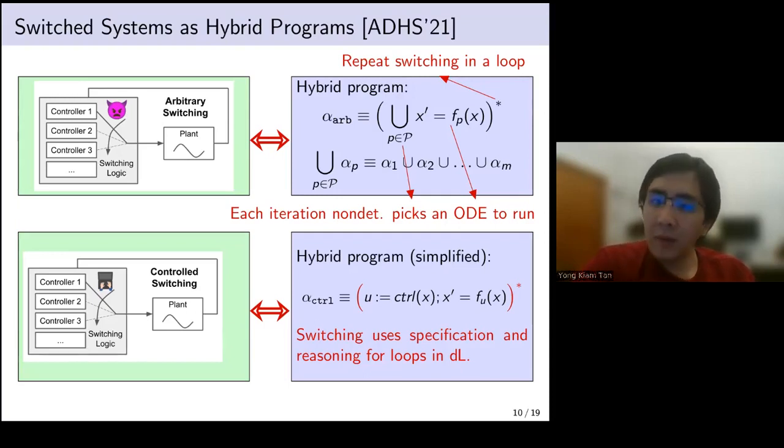Okay. The point of showing you these two models is that switched systems can be modeled using looping hybrid programs in dL. And what that means is if we want to state and prove properties about switched systems, we can accordingly state and prove properties about these looping hybrid programs.